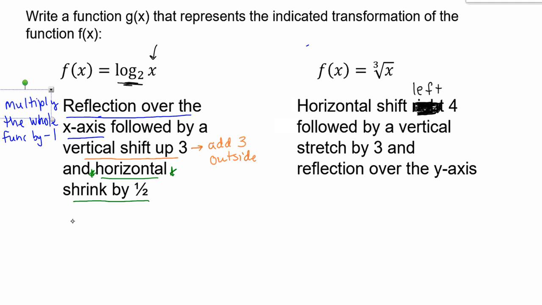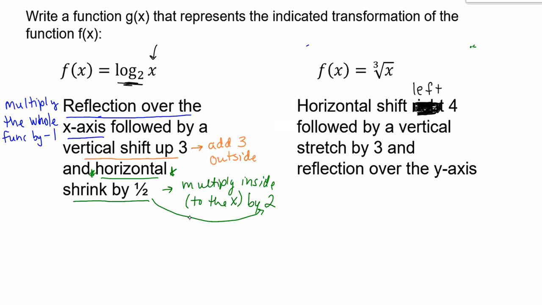So it says horizontal shrink by 1/2. That actually means I'm going to multiply inside, that means to the x, by 2 because that is the reciprocal of 1/2, right?